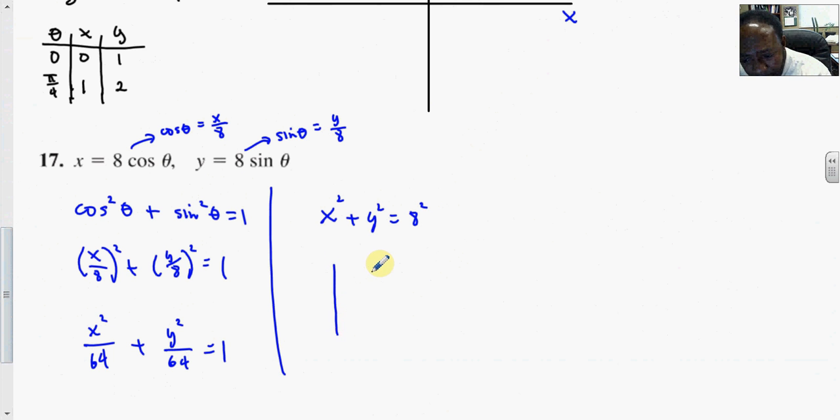But let's determine the direction: theta, x, and y. So theta is 0, cosine of 0 is 1, so x is equal to 8, and y would equal 0. Let's try π/2. So cosine of π/2 is 0. Sine of π/2 is 1 times 8 equals y, so y is equal to 8.